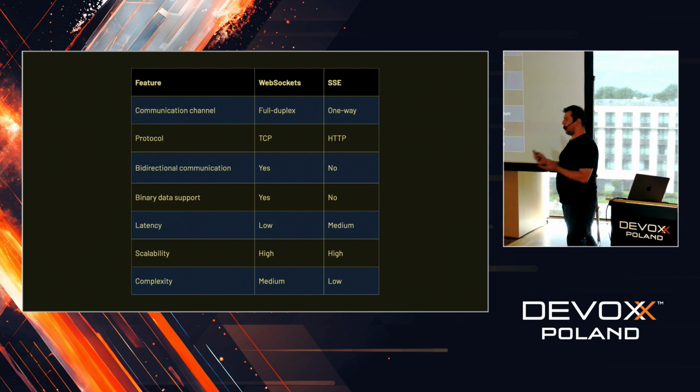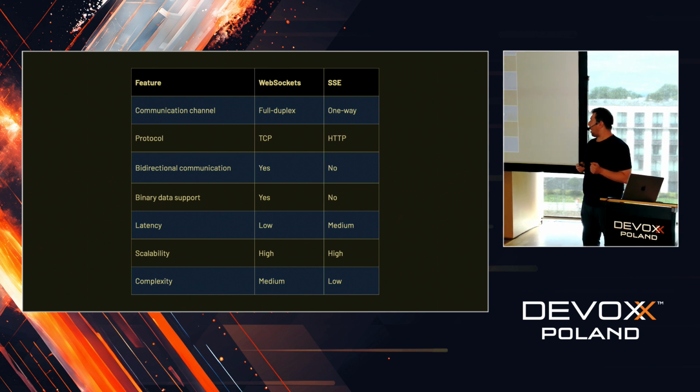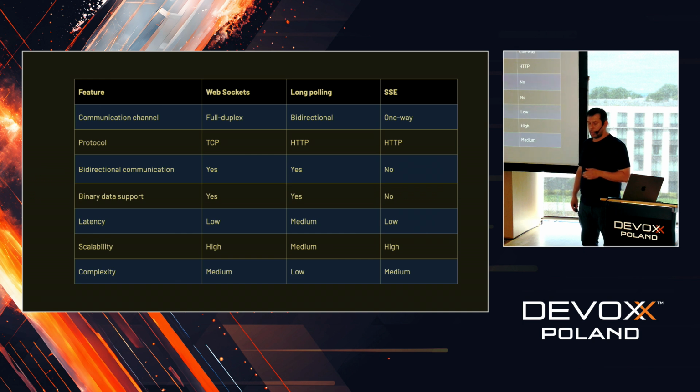We can just take the native API from the browser and use our server-sent events. There's also a comparison to long polling, but they decided that server-sent events fit this project, this application.